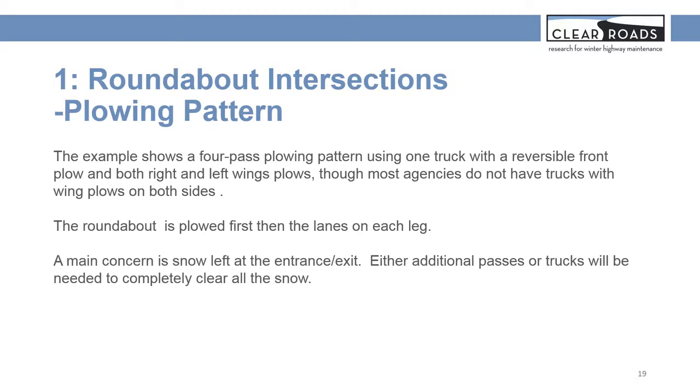The main concern for this plow pattern is that there will be some snow left at the entrance and exit. This is bound to happen because we only have one truck to plow the roundabout. To clear all this leftover snow, additional passes or maybe more trucks will be used.